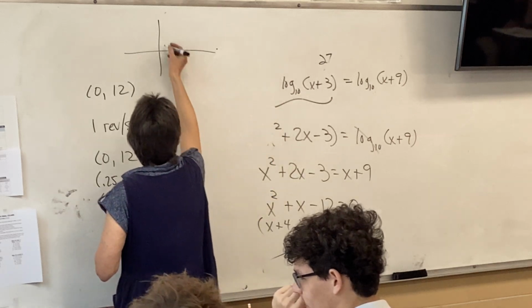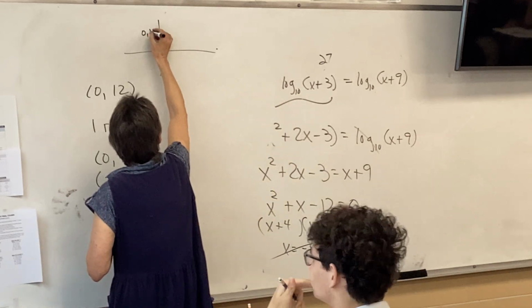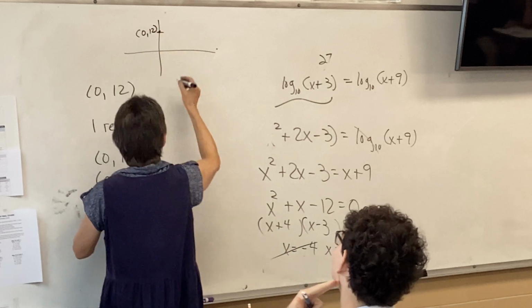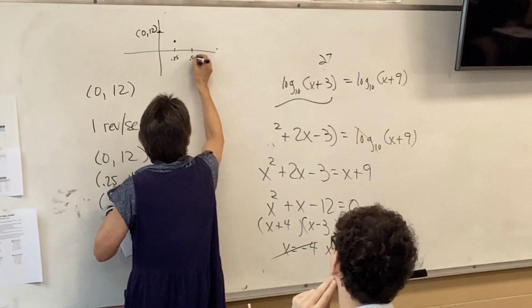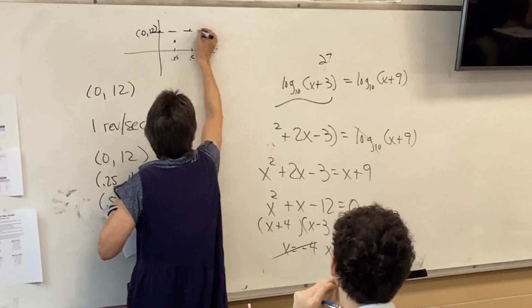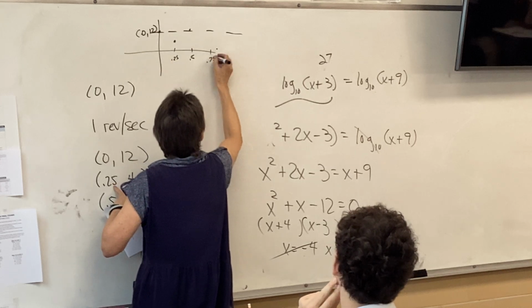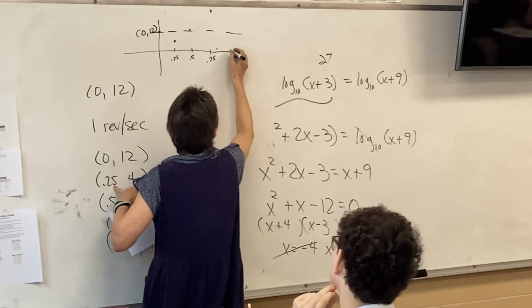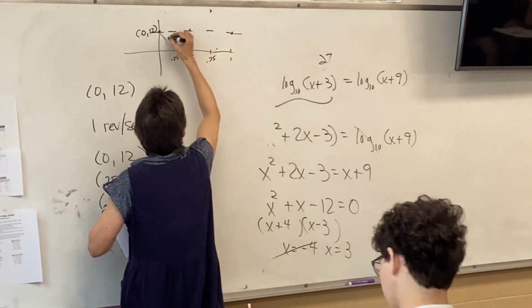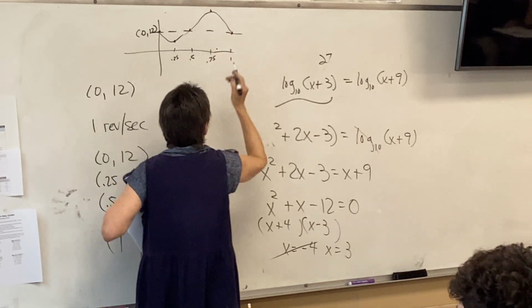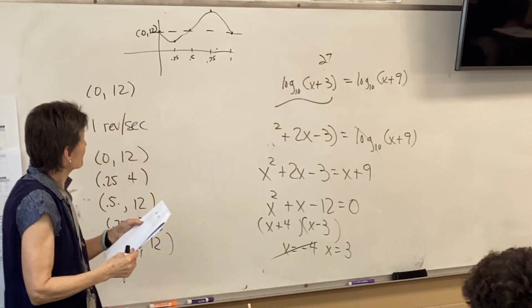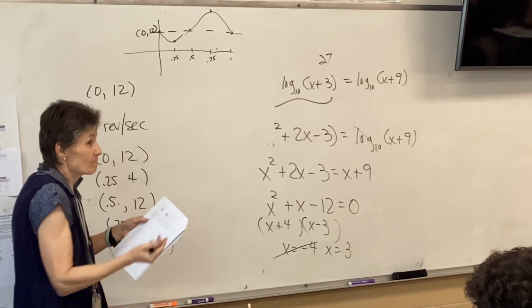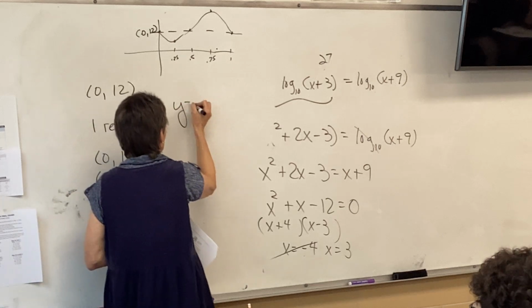So 0, 12, and 0.25, 4, 0.5, 12, which are midline, 0.75, and 1. Okay, let's write a sine equation.